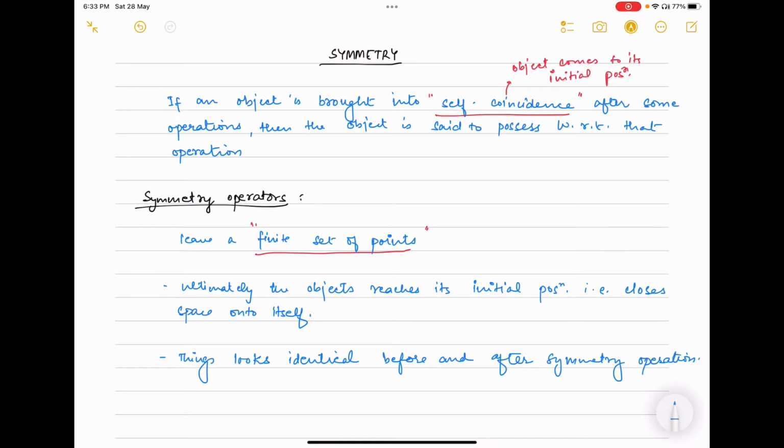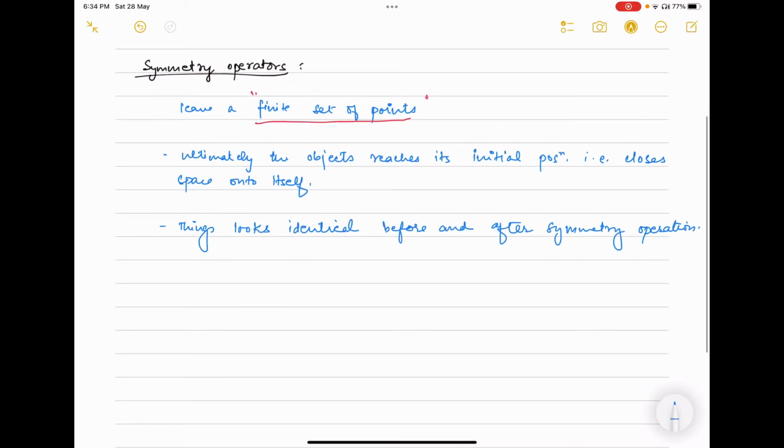Alright, so these symmetry operators can act on the entire space and all of its contents. And what are these contents?